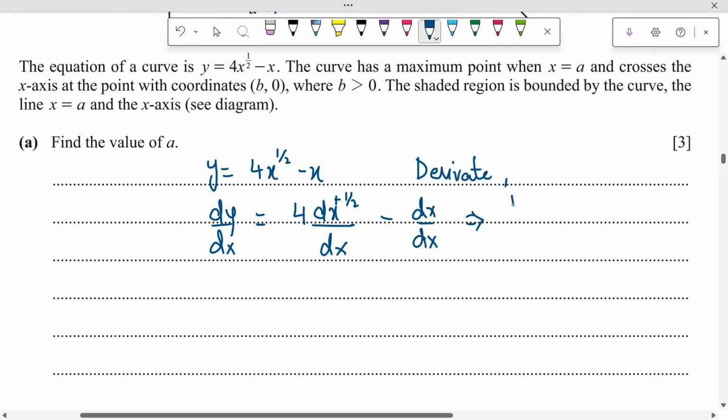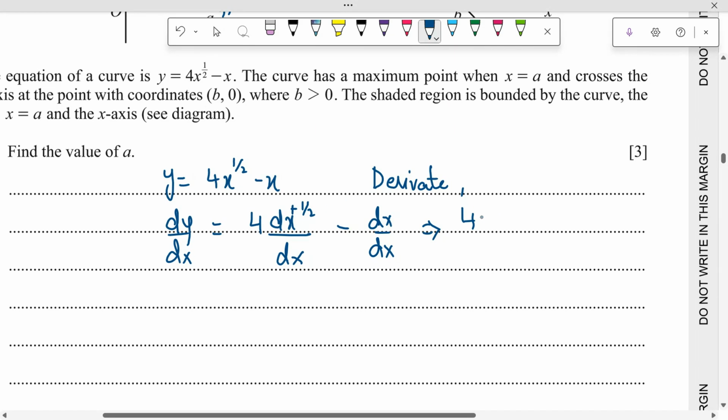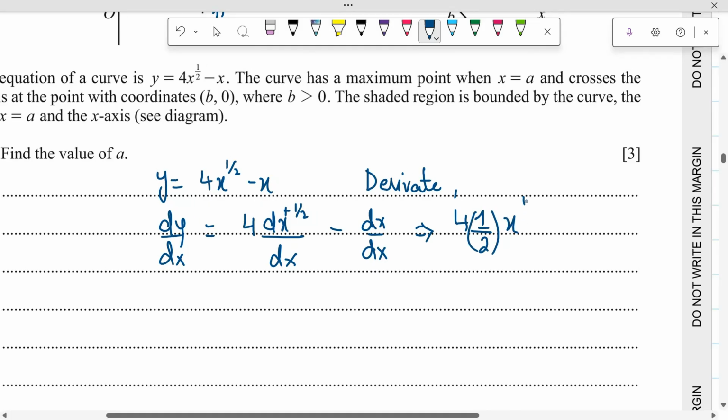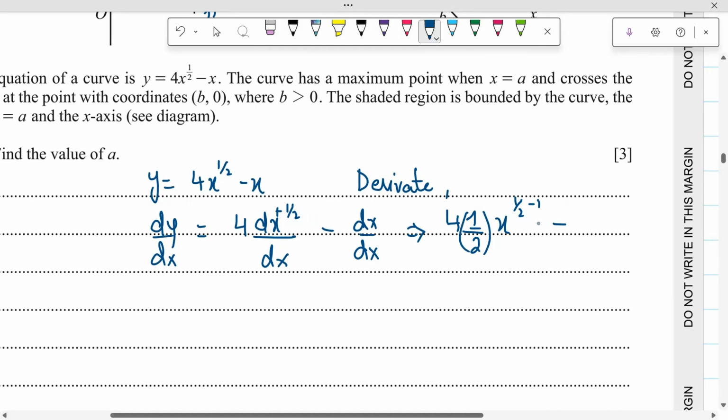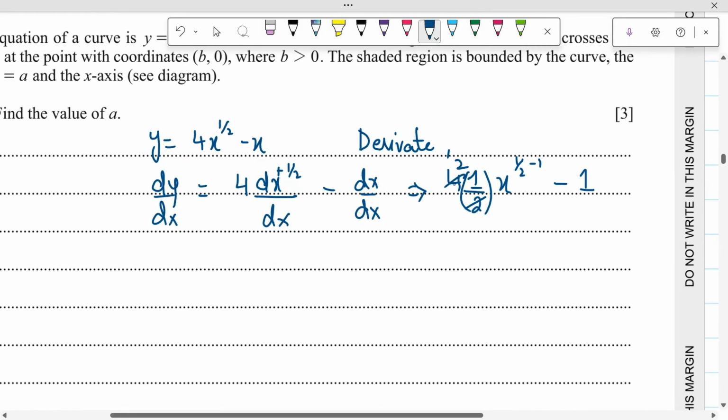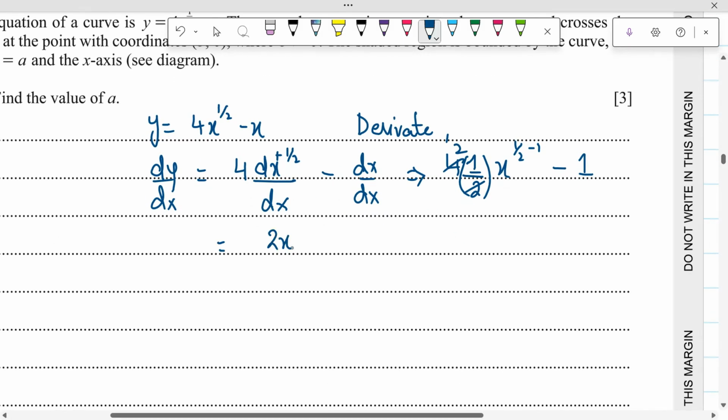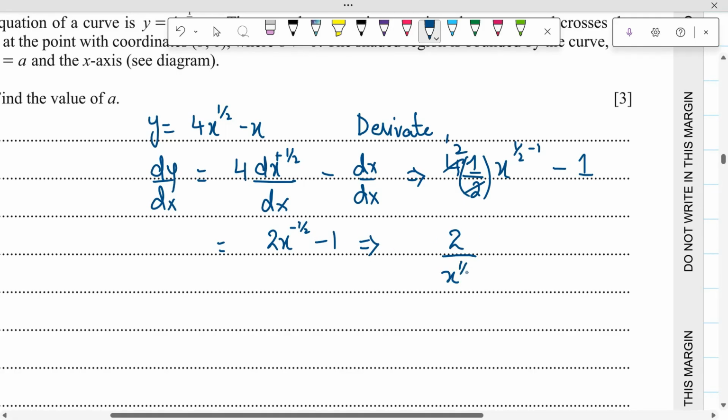The derivative of x to the power of half is half times x to the power of half minus 1, and the derivative of x with respect to x is 1. So this will be 2x to the power of negative half minus 1, which is 2 over x to the power of half minus 1, and this is the derivative of the curve.